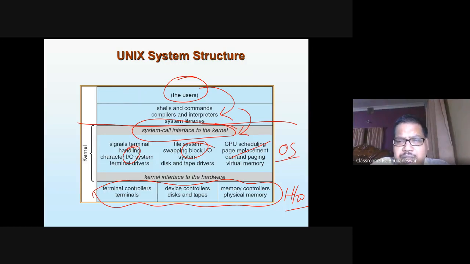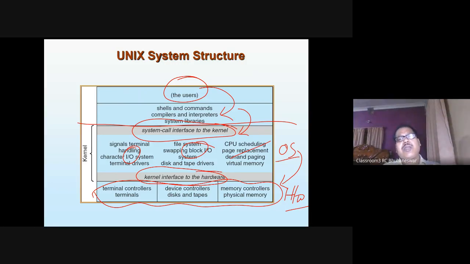Now, if the operating system wants to interact with the hardware, it can make use of another layer, which is the device controllers, and the device controller will take the help of the driver to connect. So you can see another layer here: kernel interface to the hardware, kernel interface to the system calls.